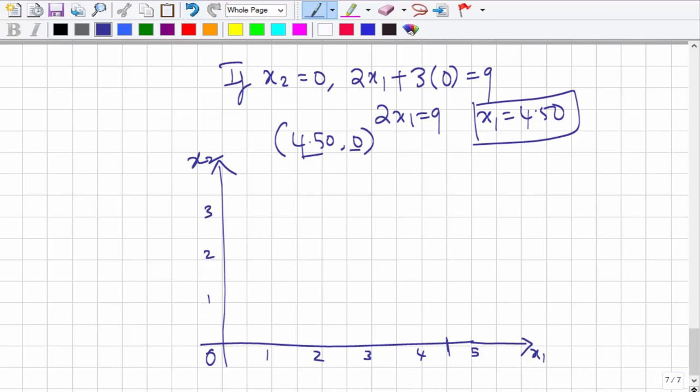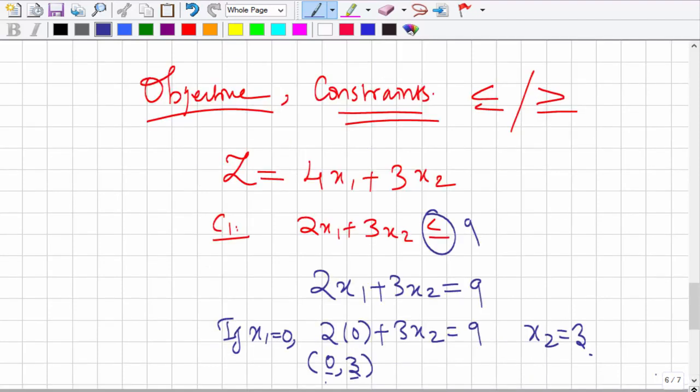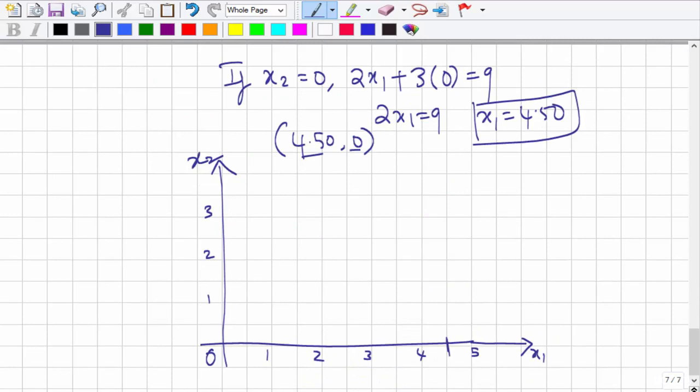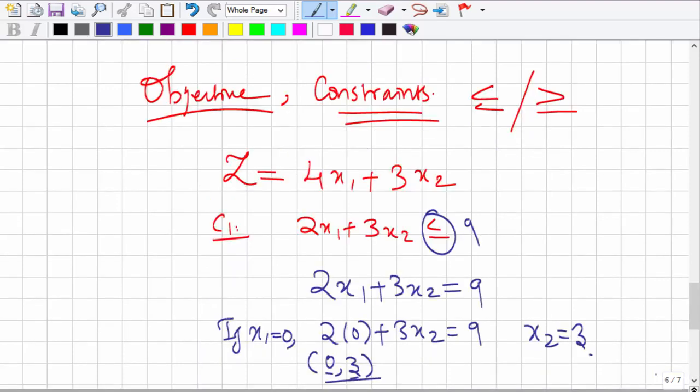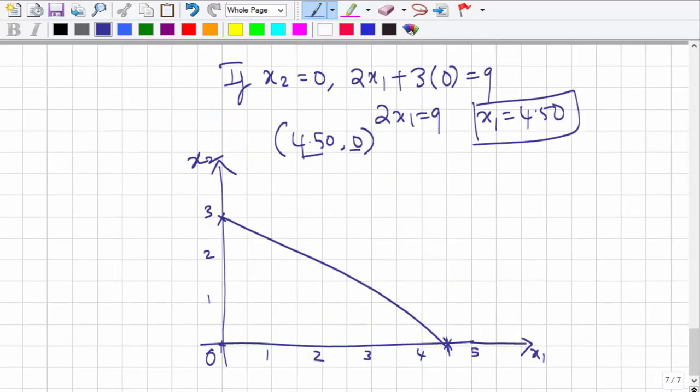The points we had: the earlier point is 0 comma 3, that is when x1 is 0, x2 is 3. And when x1 is 4.5, x2 is 0. So now you can join these two points. If you join them, this gives you a linear line, and that will exactly fit this equation, that is 2x1 plus 3x2 is equal to 9.